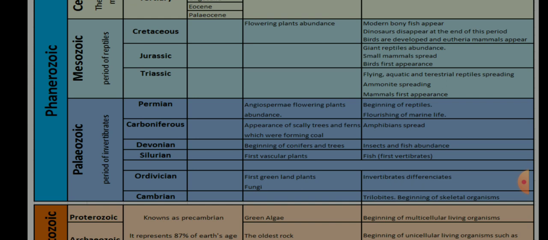Permian: angiosperm flowering plants abundance, and the beginning of reptiles.